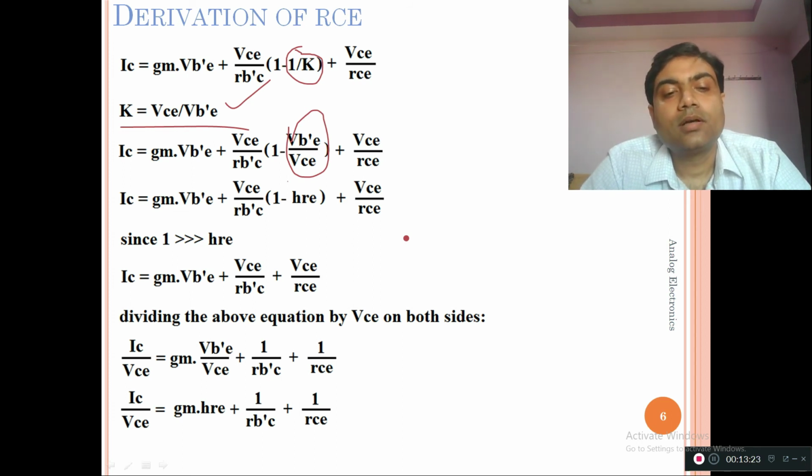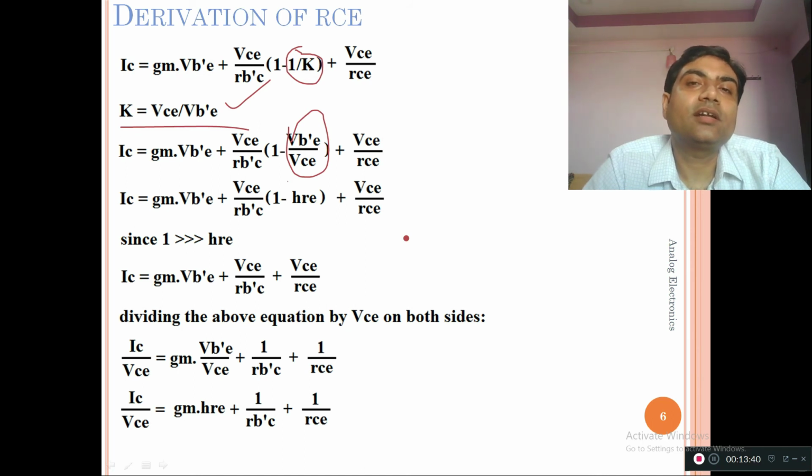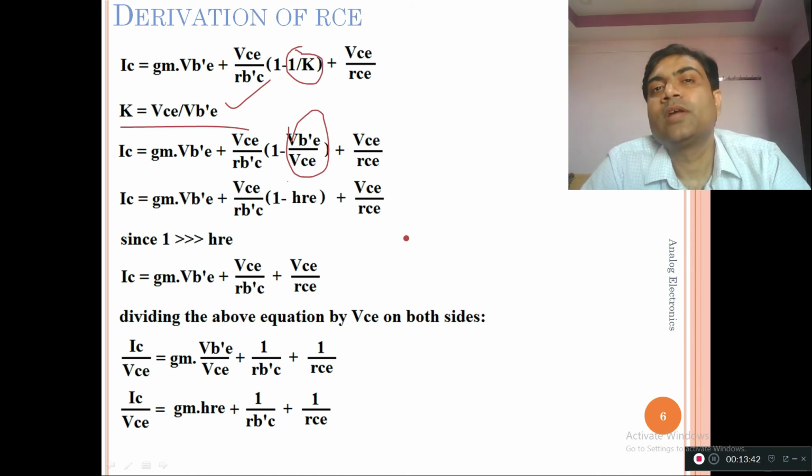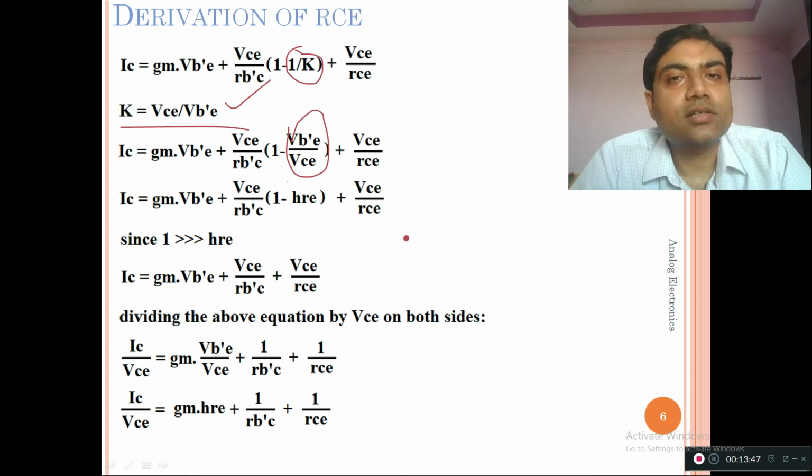Now in the next slide we are going to manipulate the total equation by replacing the value of GM and HRE. We have already calculated the value of GM and we know the value of HRE, but how can they be interrelated with the other resistive components present across the analysis? Why am I doing this?